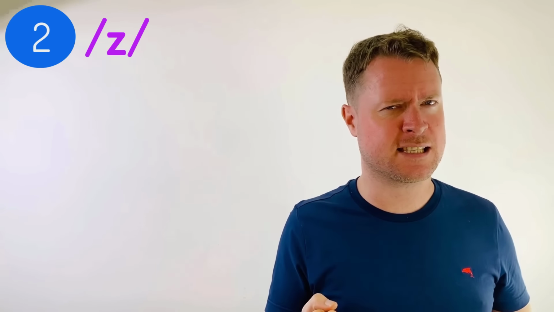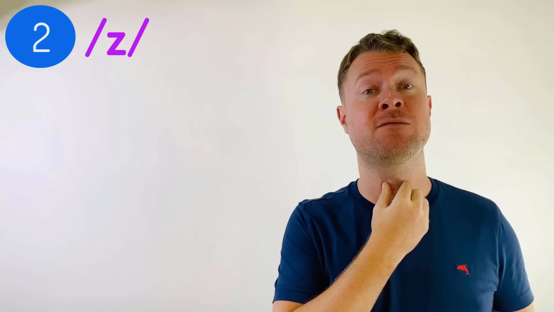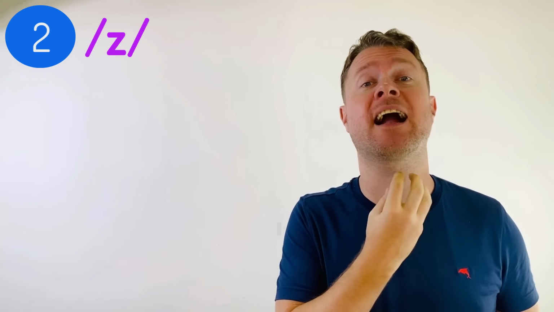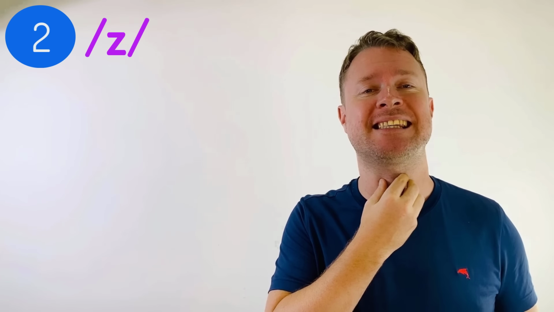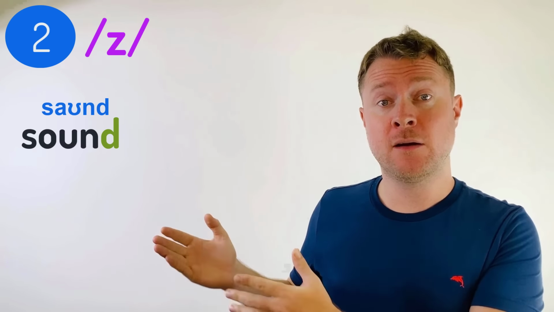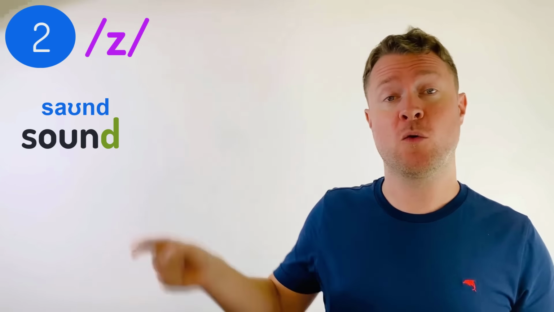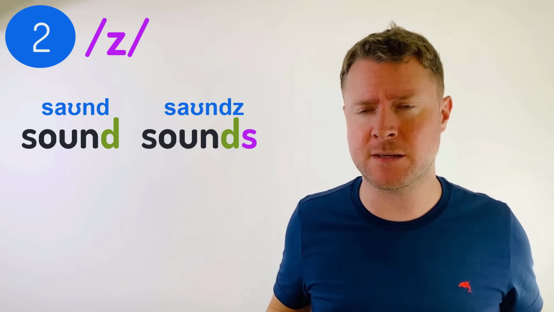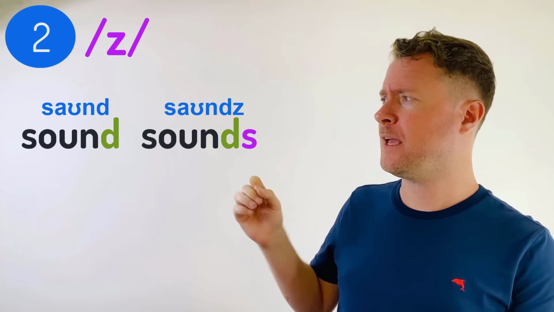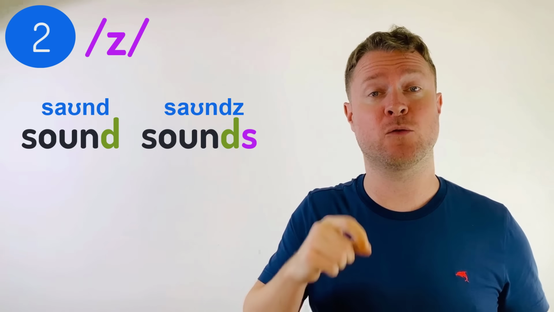Z, z. What's the difference? Well, for one, this sound is voiced. We are vibrating our vocal cords. Z, z. And words like sound, when we use them in, for example, the third person, or when we use the plural, sounds, it is a z sound.